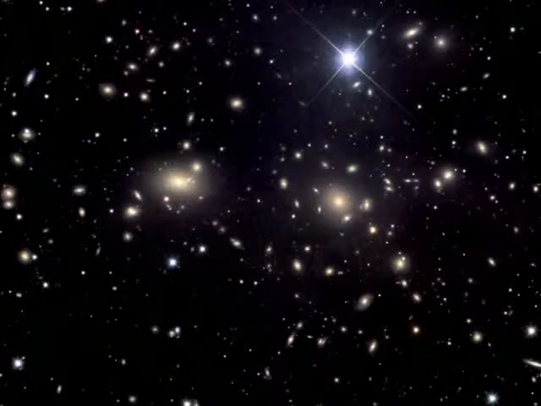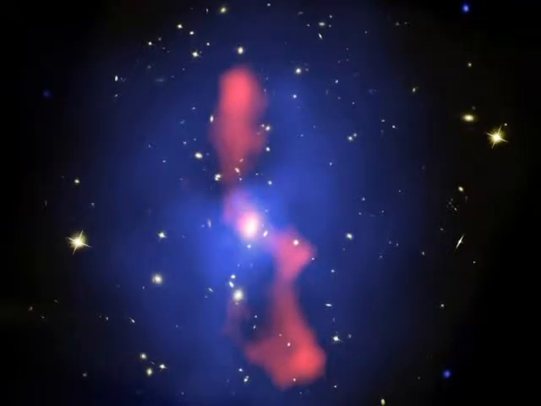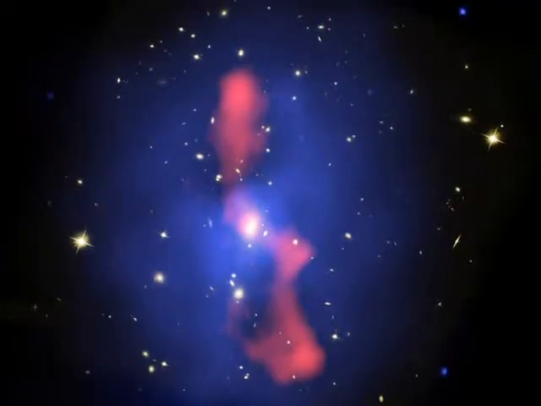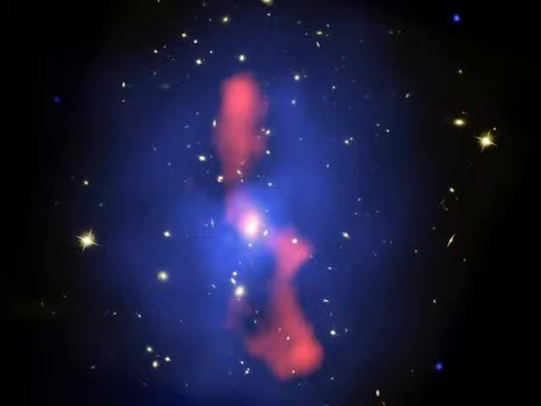Of course, pre-formed galaxies do fall into the halo, and we have the familiar galaxy cluster, the Coma cluster in this example. Now, in slightly smaller halos, where the gas could cool, energy coming out from big black holes in active galaxies is thought to keep the gas hot, so once again it can't cool to form stars. Here's an example of a galaxy with an X-ray atmosphere, shown in blue, and a black hole-driven jet, shown in red.